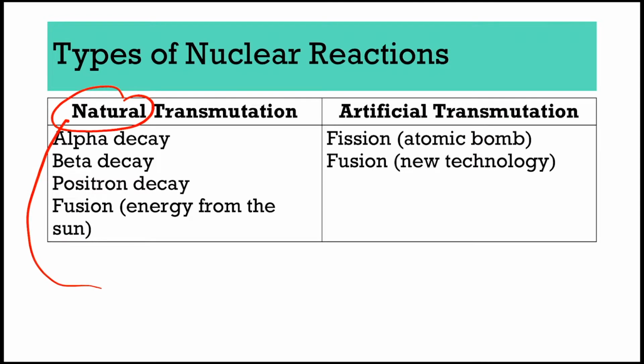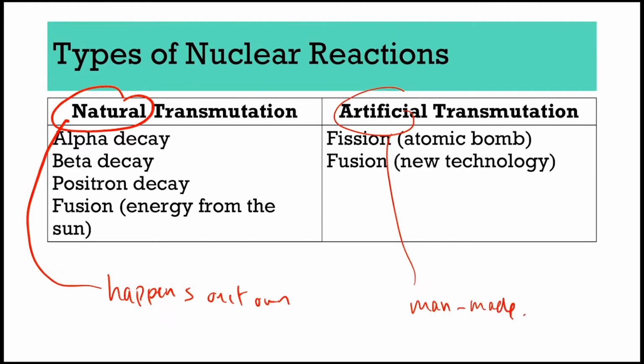One thing to point out: anything that is natural happens on its own, and things that are artificial are man-made, meaning something needs to get that started. Like Ms. Vampus said, natural transmutation is changing one element into another. With alpha, beta, and positron decay, yesterday and the day before we worked on writing those decay equations. Today we are talking about fission and fusion.